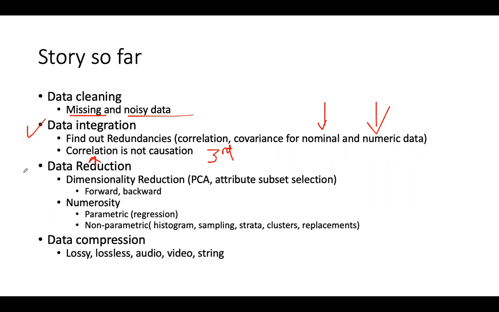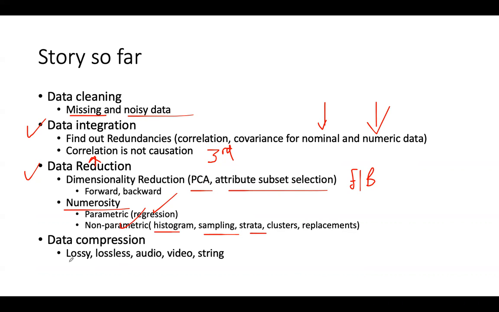And in this video, we've looked at data reduction techniques like PCA, attribute selection, forward and backward selection, very important. For numerosity reduction, we looked at regression and parametric methods, like histogram, sampling, strata, sampling with replacement, and so on and so forth.